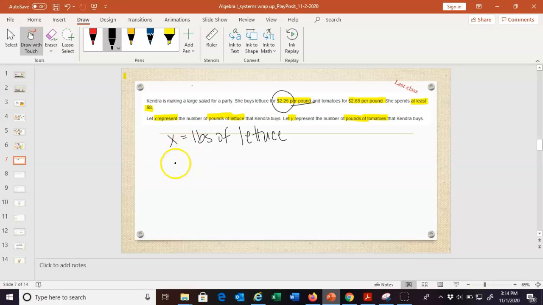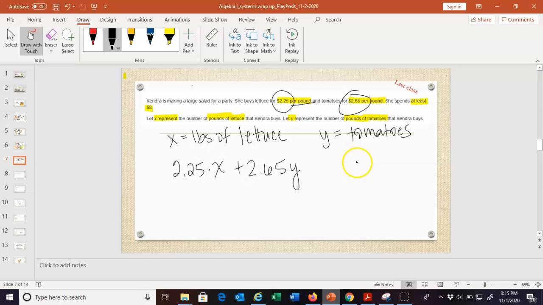X is pounds, so it's $2.25 times X. If it were 1 pound, you'd plug in 1 for X and you get $2.25. The second one here, tomatoes is Y. So the total cost of tomatoes is going to be $2.65 per pound times Y. And that says at least $8.